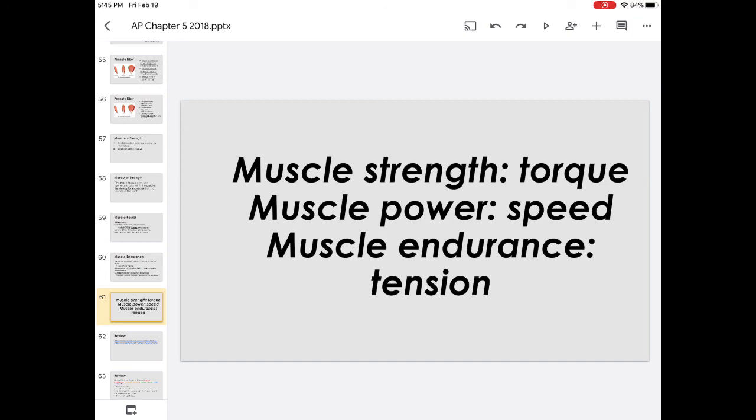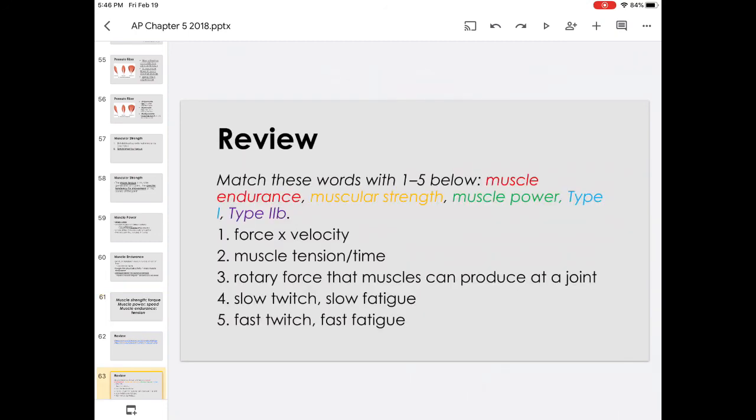Remember, torque produced by muscle is basically the product of the muscle force and also the perpendicular distance from where that muscle is attached to the center of that muscle's rotation. If you look on page 169, it does a phenomenal job of explaining it. It's a little bit more physics in this part than it is just anatomy. When you talk about muscle power, you're talking about speed. And when you talk about muscle endurance, you're talking about tension.